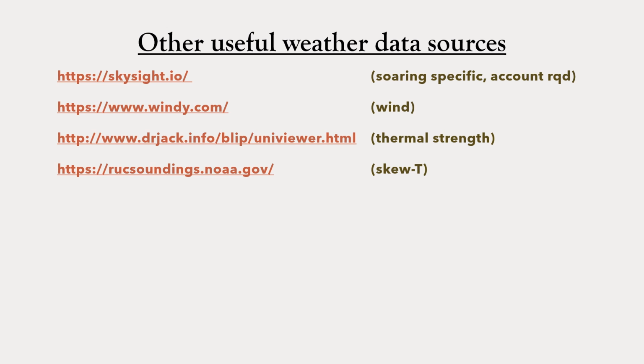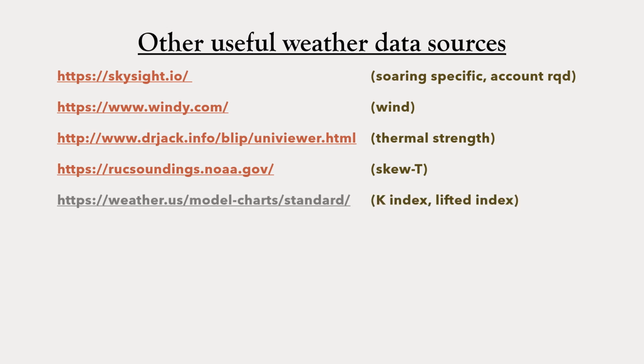Those are available from a government website called RUC Soundings. There's also a lot of weather information at this website called weather.us, which includes the K index and the lifted index that we discussed in the severe weather lesson.